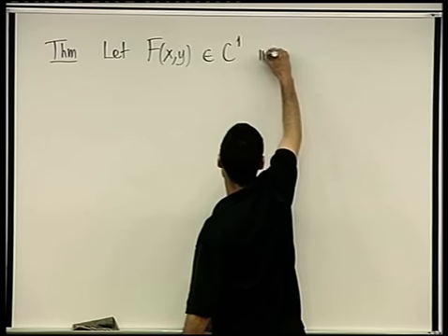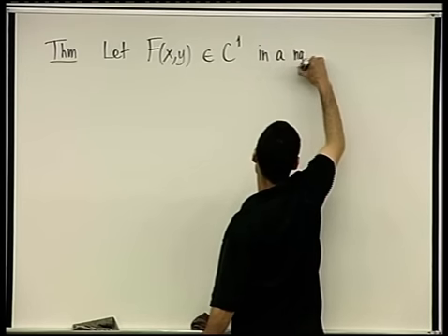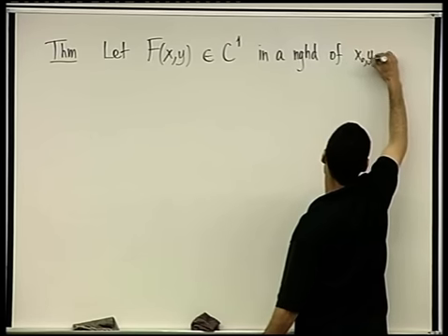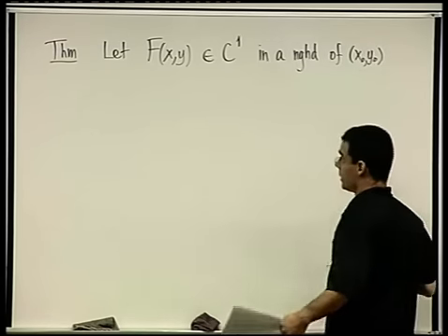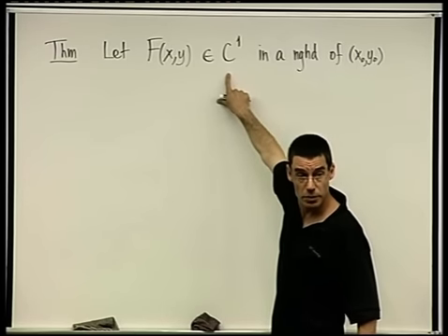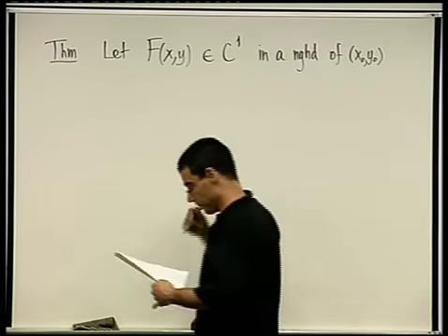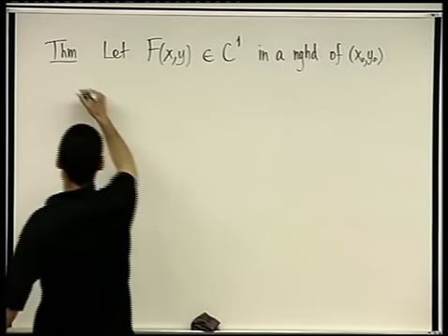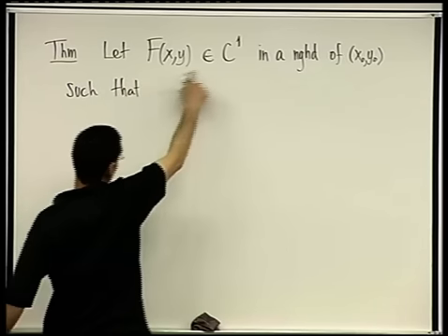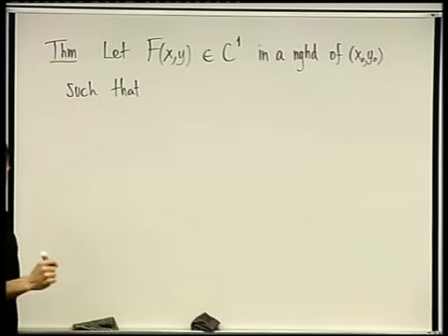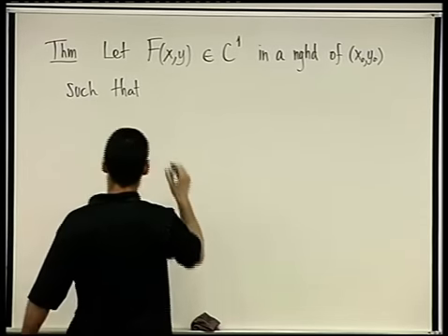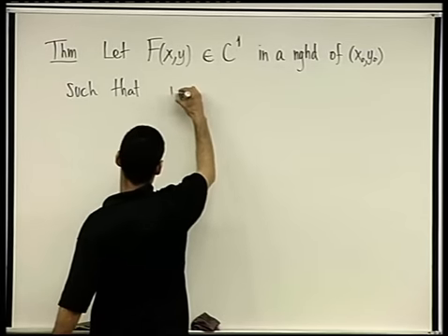In a neighborhood of a specific point x0, y0. So remember what C1 means? Continuous partial derivatives, right? Such that, so this is already an assumption. We already have to check it before we apply the theorem. Okay? Such that, and there are two more assumptions.